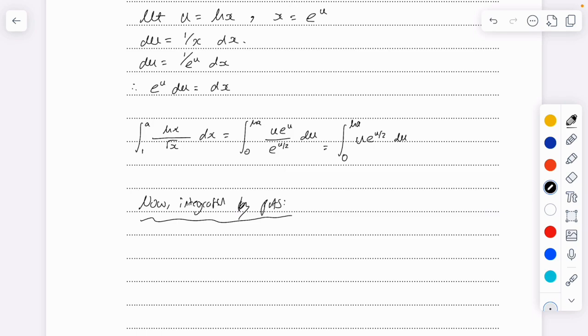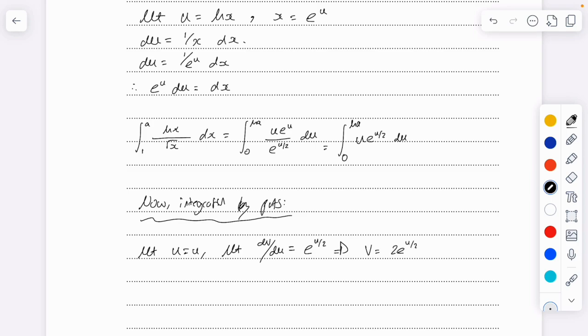When we do integration by parts here, what I can say is let u equal u, let dv by du equal to e to the u over 2. So u equals u, dv by du equals e to the u over 2, right? So therefore, the implication there is that v is going to equal 2e^(u/2).